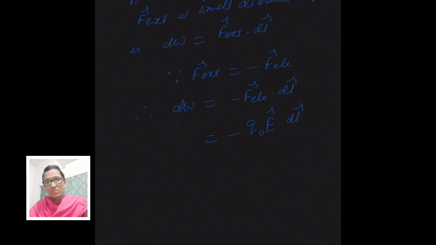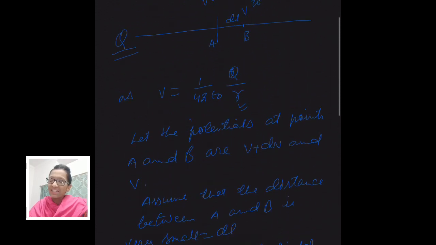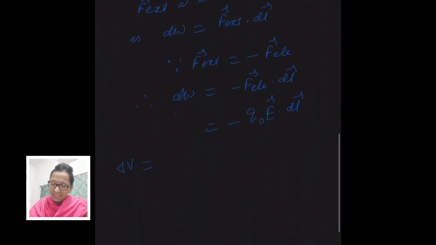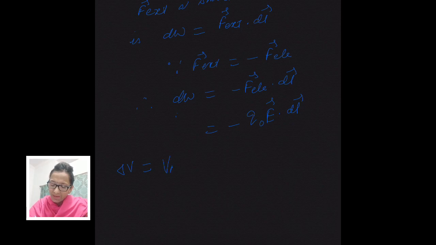Now we know that the change in potential, which is equal to final potential minus initial potential, and finally it is reaching A, so final minus V initial, and this is equal to VA minus VB is equal to minus q naught.